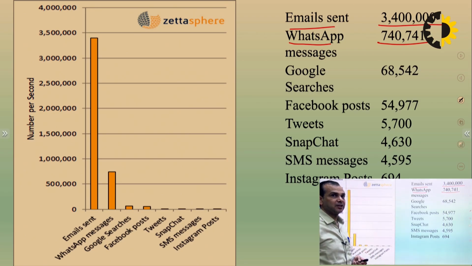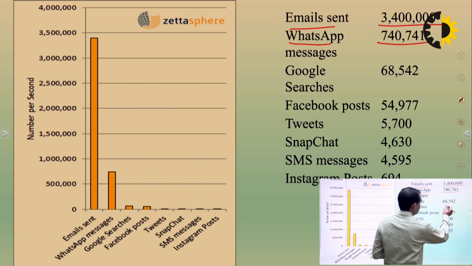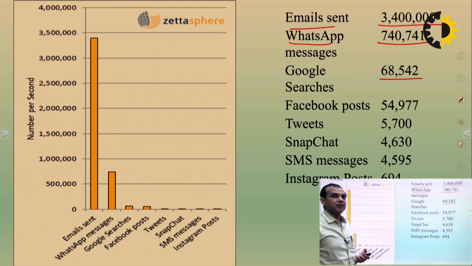For Google search, approximately 68542 searches, and similarly for Facebook, around 54977 posts. Tweets, 570. Snapchat, 4630. SMS messages, 4595, and Instagram posts, 694.